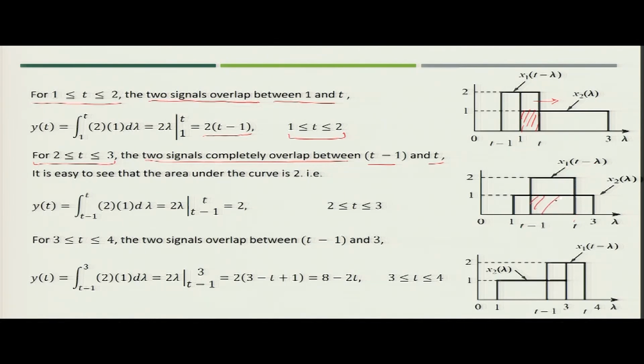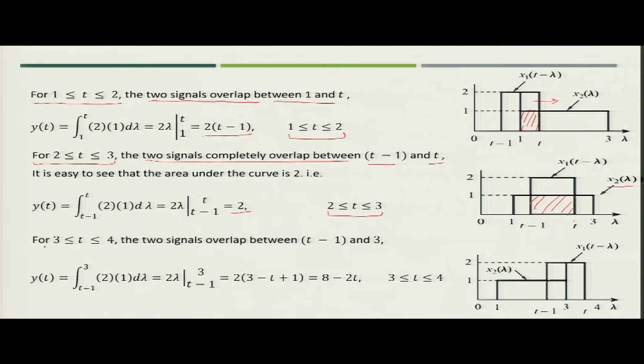So what will happen, that it will completely overlap the x2 lambda function. So what we can do? We can now find the value of yt, that would be ranging between t minus 1 to t. The values would be now 2 and 1 for these two functions. So finally we get the value as 2. So we can say the convolution of two signals for time 2 to 3 is 2.